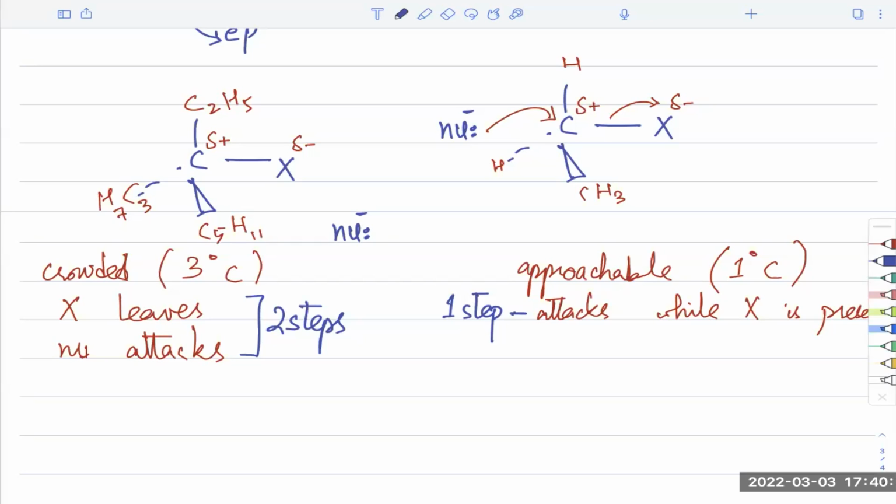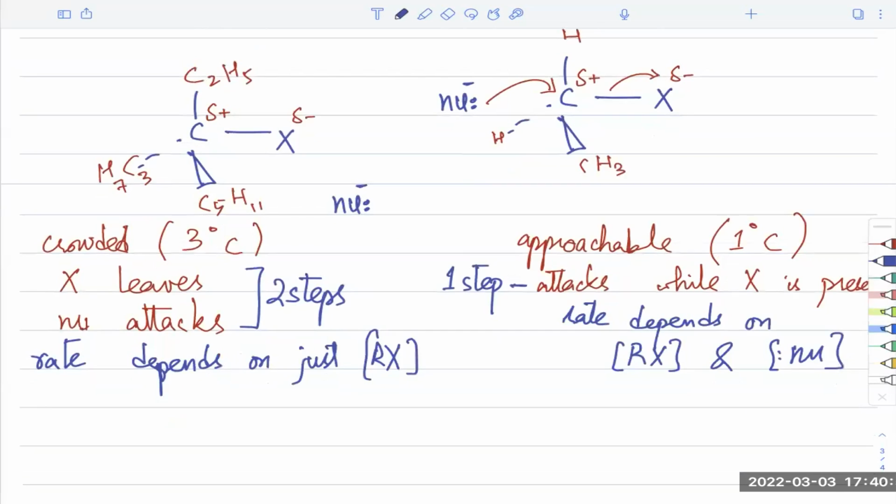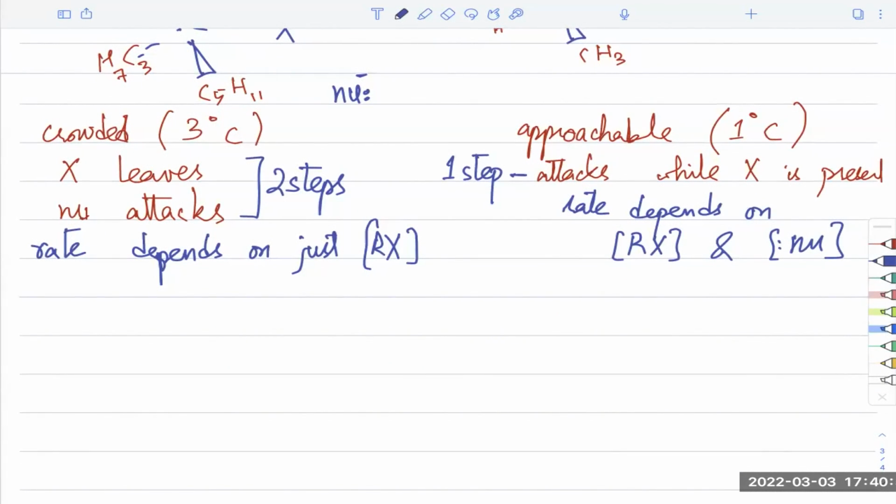So here the rate depends on just the haloalkane concentration, but here the rate depends on the concentration of both the haloalkane and the nucleophile. And because of this, we call the left one SN1 and the right one SN2.